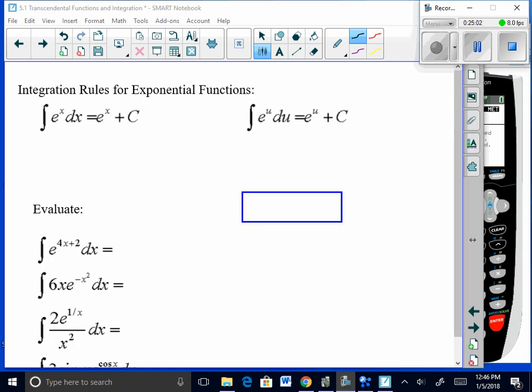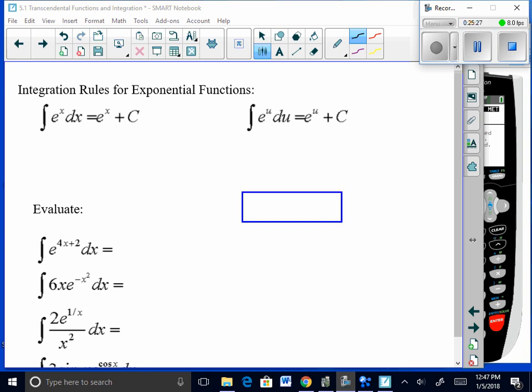I love the antiderivatives with e's because the derivative of e to the x is e to the x. The derivative of e to the u is e to the u times u prime. So if it's not just an x, then you have the u prime. If this is just e to the x, its antiderivative is e to the x plus a constant.